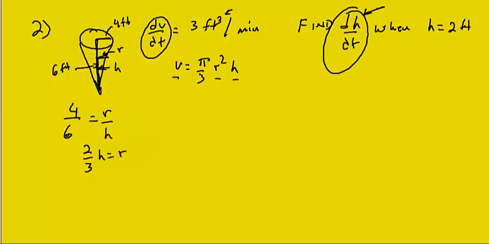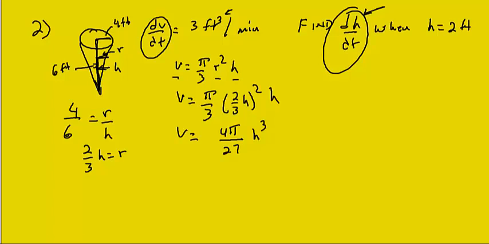That's going to give me the r. I'm going to put that back in here. So I have pi over 3 and I have 2/3 h, quantity squared, times h. If you clean this up a little bit, I get 4 pi on the top, 9 times 3, which is 27, and h cubed.